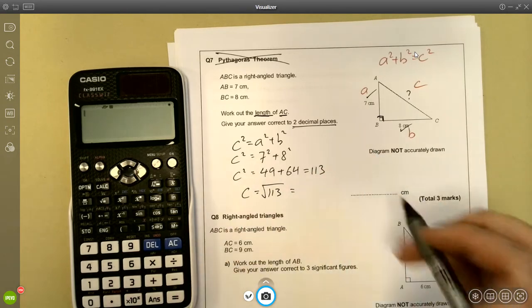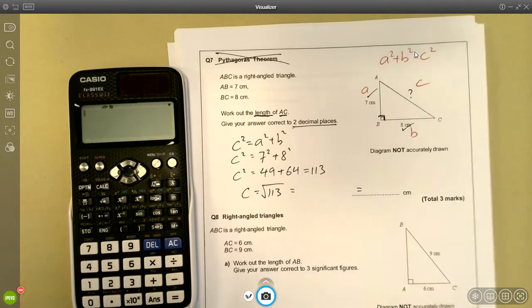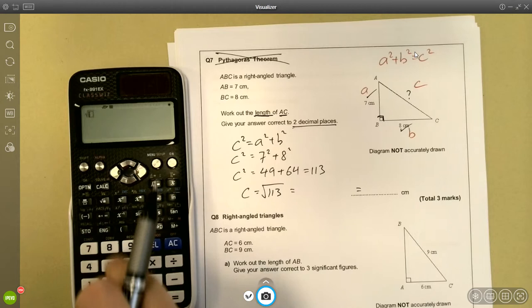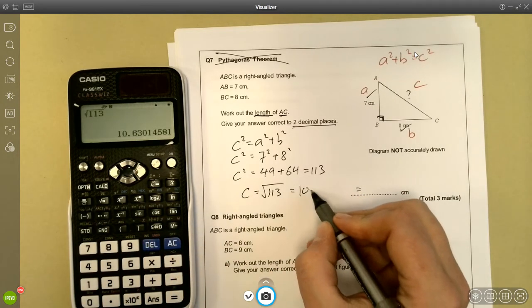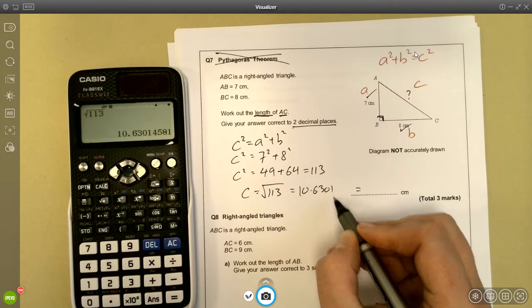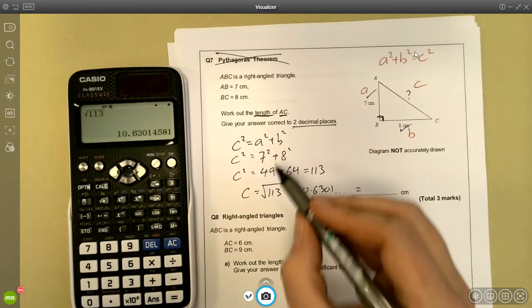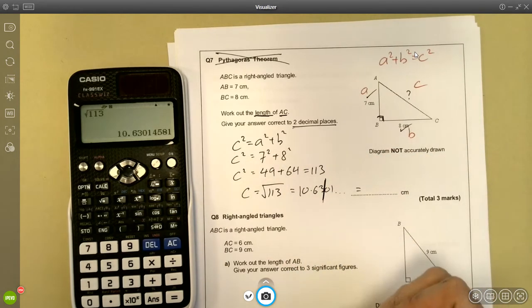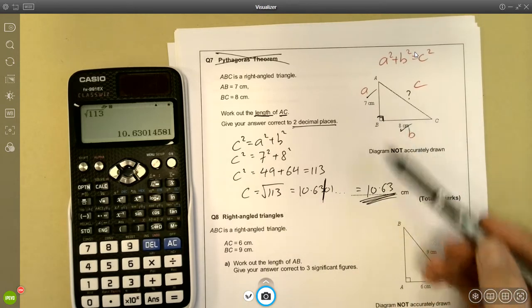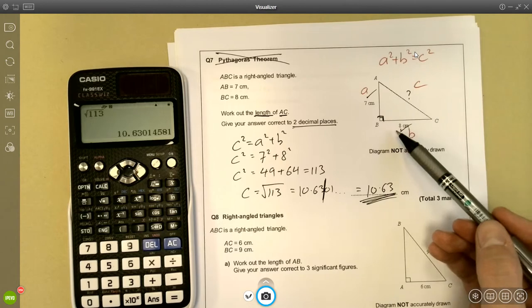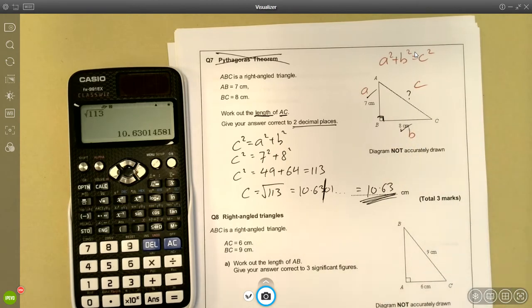So square root of 113 is 10.6301, etc. 2 decimal places, rounding off there, 10.63. Does it look sensible? Well, it's the longest side and it's bigger than 8, so it looks pretty good to me.